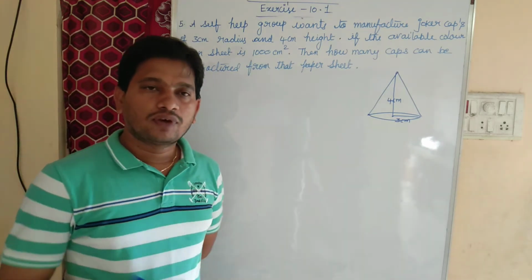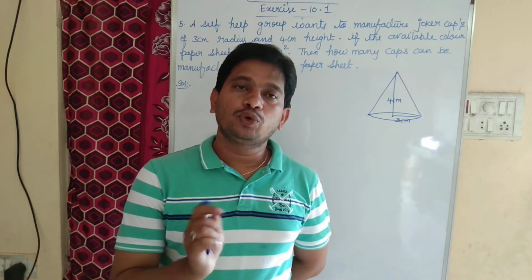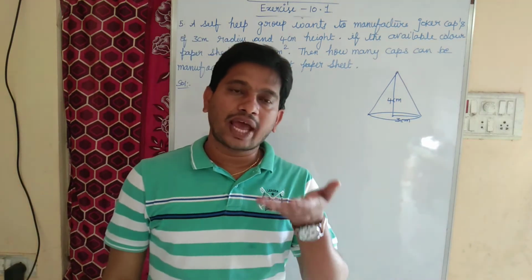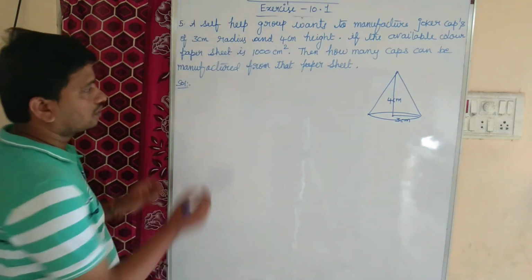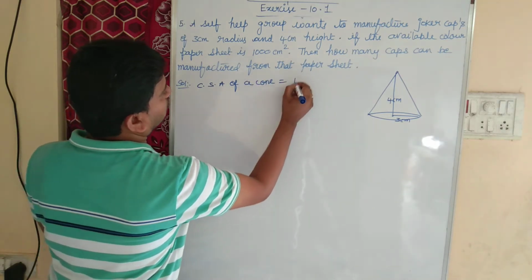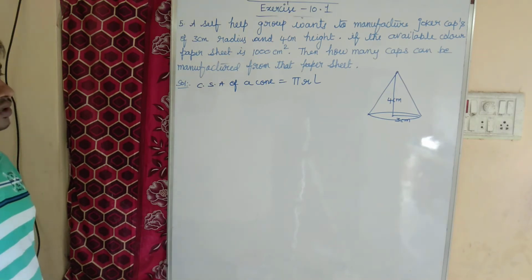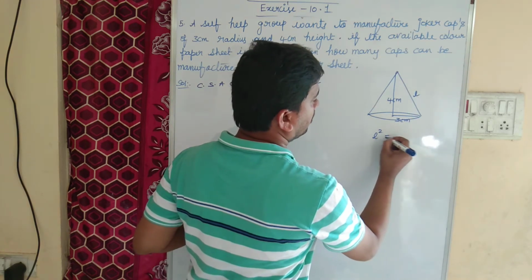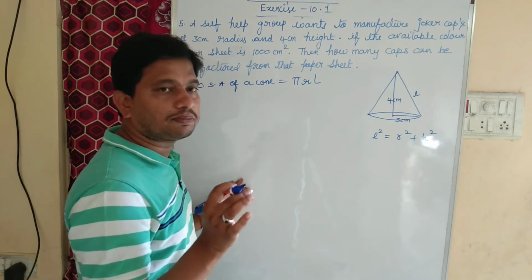So children, first of all we need to know how much area of sheet is required to make one joker cap. Joker cap means as the bottom is open, we have to find the curved surface area of the cone, right? As we know, the CSA of a cone is pi r L. Here we don't know L, but we have a relationship between L, r, h, that is L square equals r square plus h square.